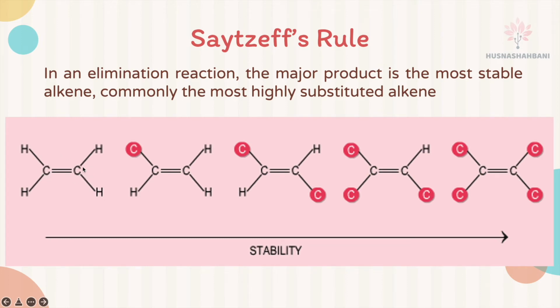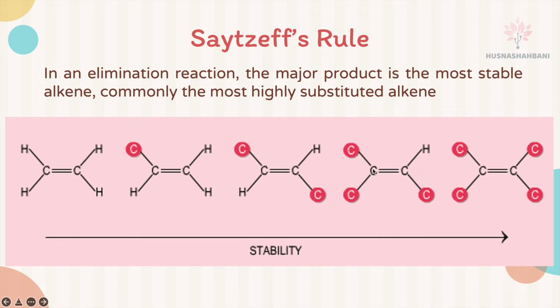The one that is the most highly substituted alkene. If you focus on this carbon-carbon double bond, the carbons are attached to hydrogen atoms only. For this compound, the carbon-carbon double bond has one substituted alkyl group, and then for this compound, two alkyl groups are attached to the carbon-carbon double bond.